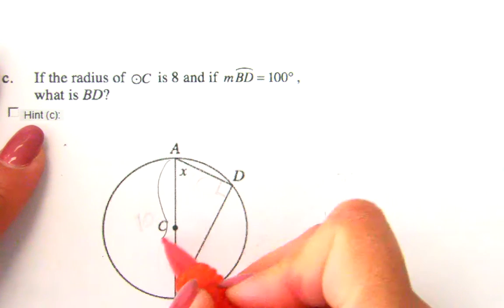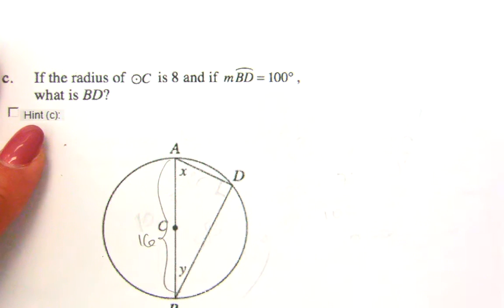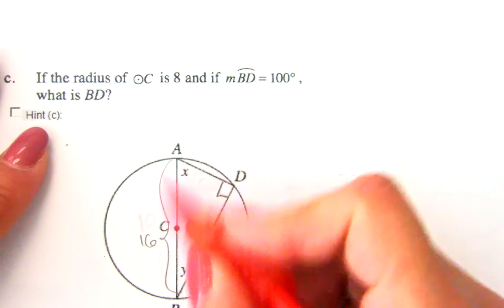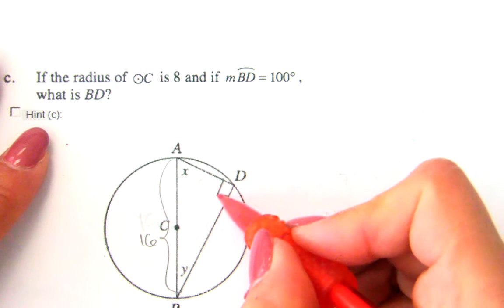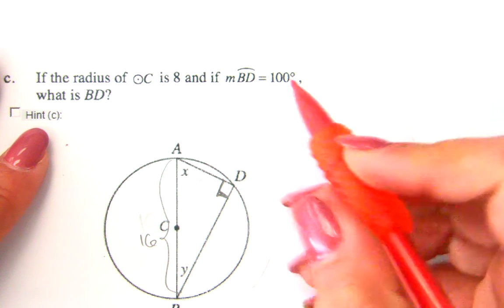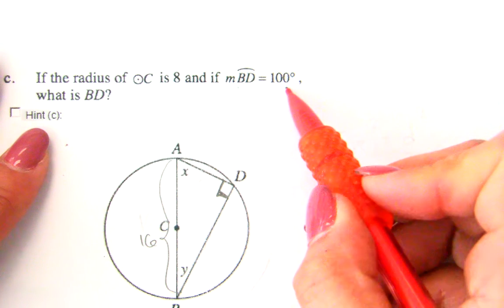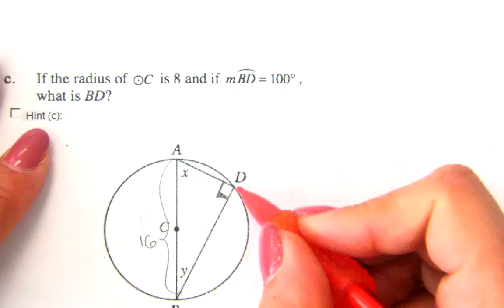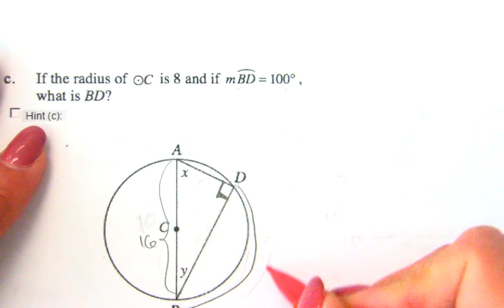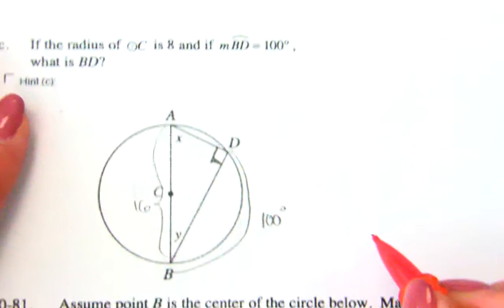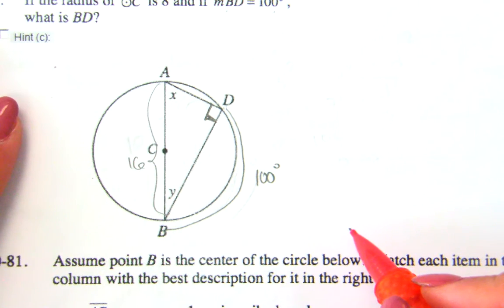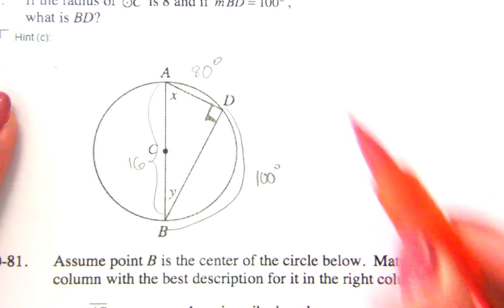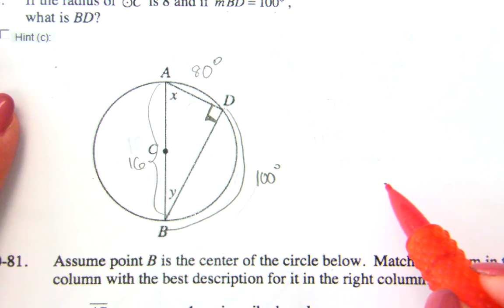So the whole diameter is going to be 16. All right, that's nice. This is still 90 because that's still half a circle. And then we have, if BD is 100 degrees, so B to D, so out here is 100 degrees. Okay, so this must be 80 degrees. Yep, okay. So that's 80.